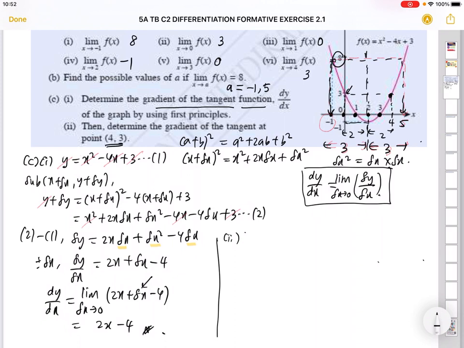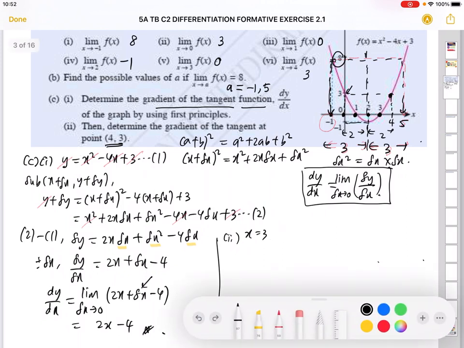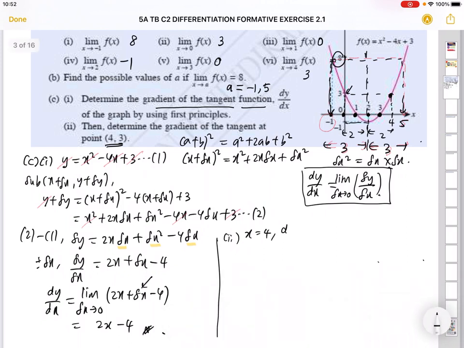So I want to find the gradient at a point x equals 4. When x equals 4, my dy dx will be 2 times 4 minus 4, which is 8 minus 4, answer is 4. Now if you want to understand how this thing works, maybe I just rub this off and show you from the graph.